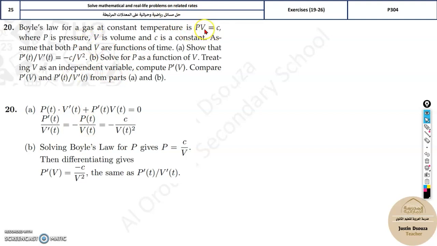There's a formula given, PV is equal to C, that is Boyle's law, about pressure and volume. Now P is the pressure, V is the volume, and C is the constant. Now what you need to do is, they have asked you to derive the rate of change of pressure divided by the rate of change of volume, which must be equal to this. You have the formula, isn't it?